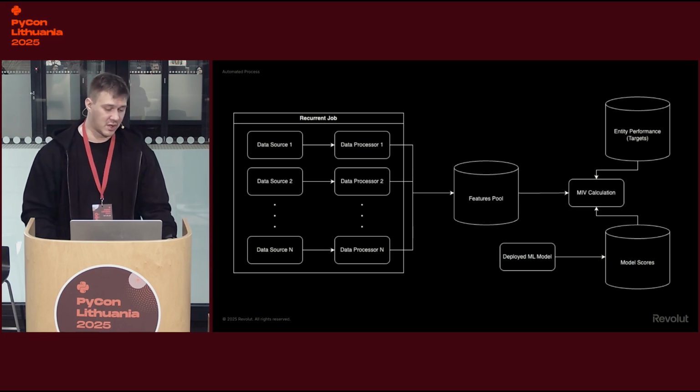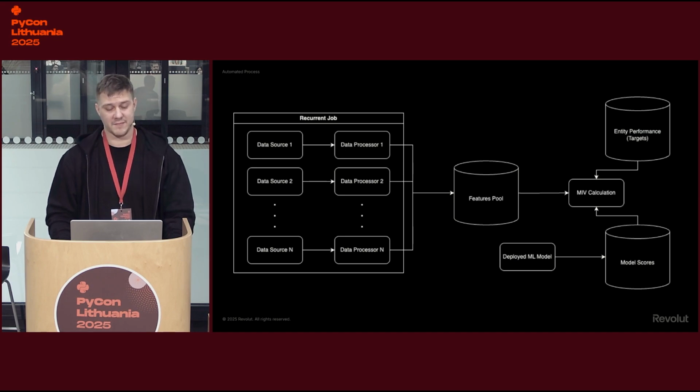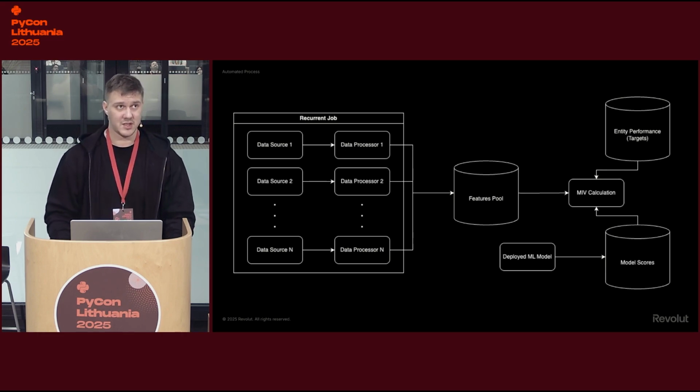So there are a lot of different data sources, and each data source needs to be processed separately. We have separate pipelines which take care of processing the data and storing it in a tabular format, which later can be defined as a features pool. So it's something that you see here.